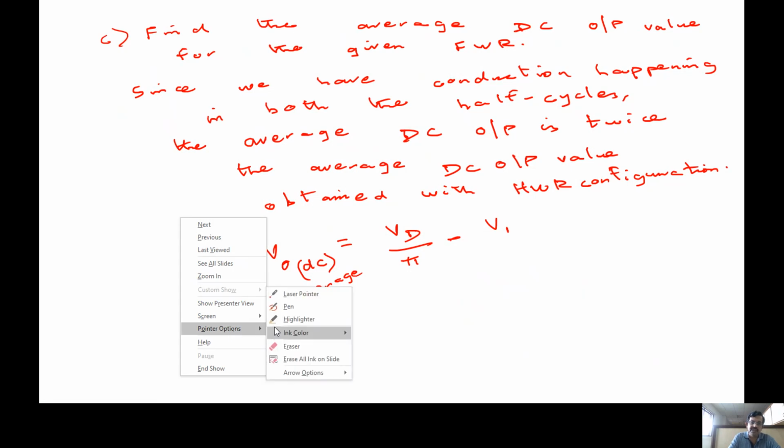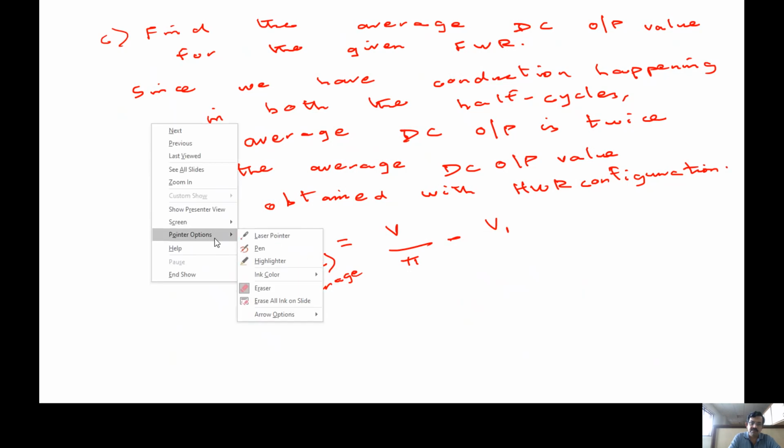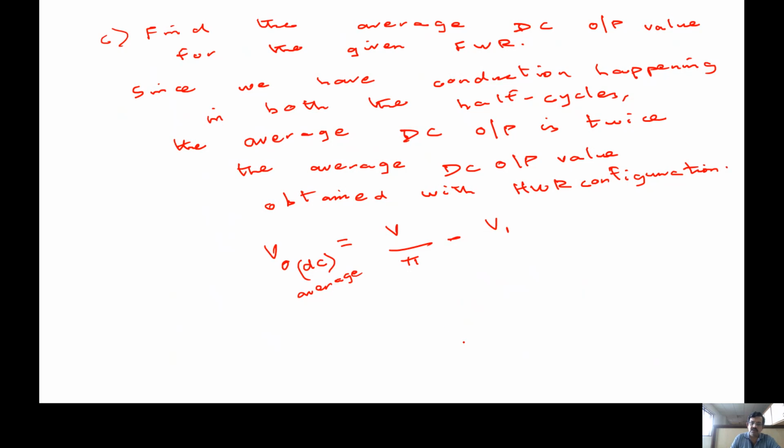We just did this derivation, so it must be Vs by pi minus Vd by 2. So twice this value. This is for half wave rectifier.